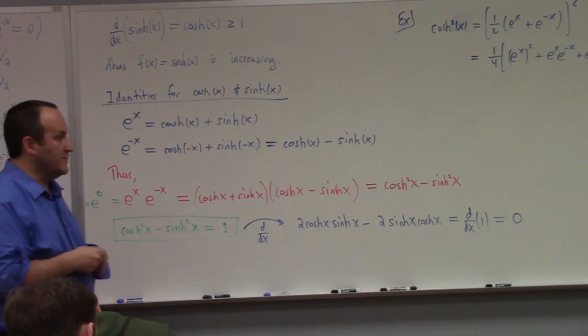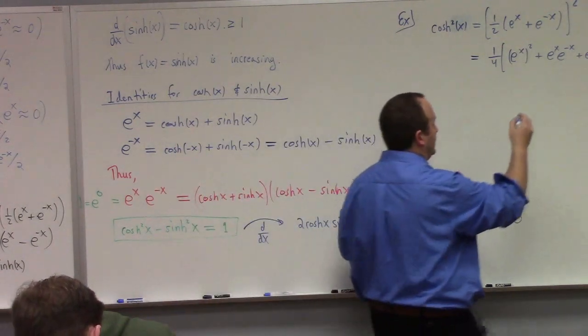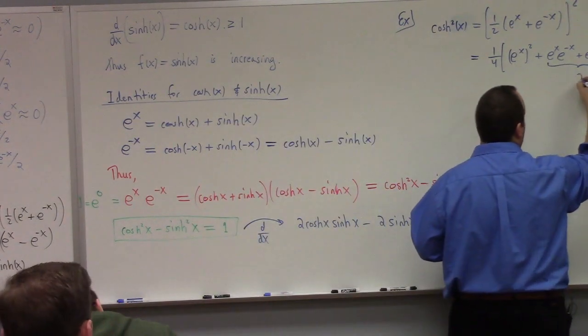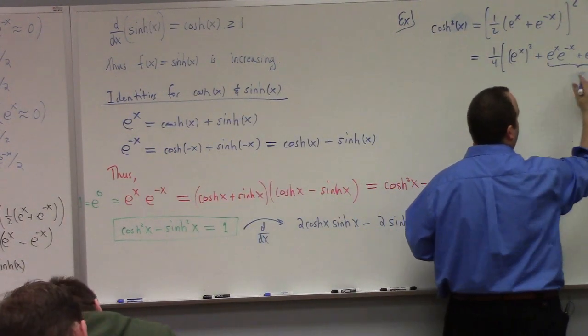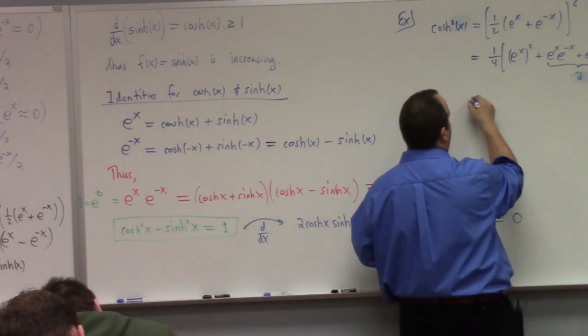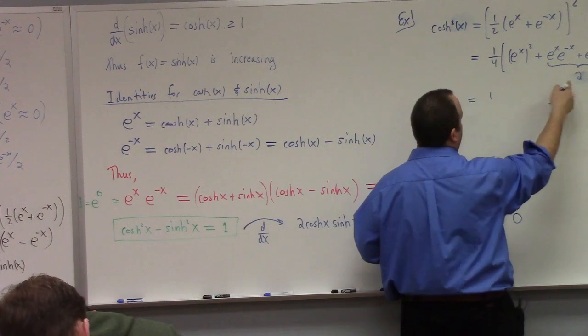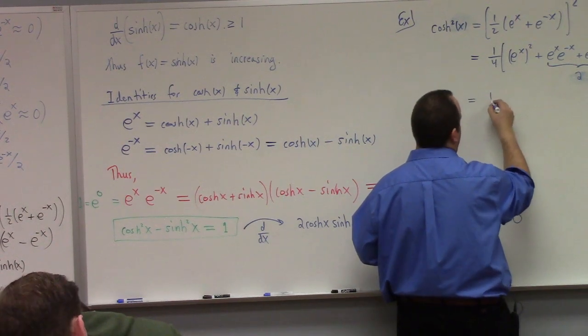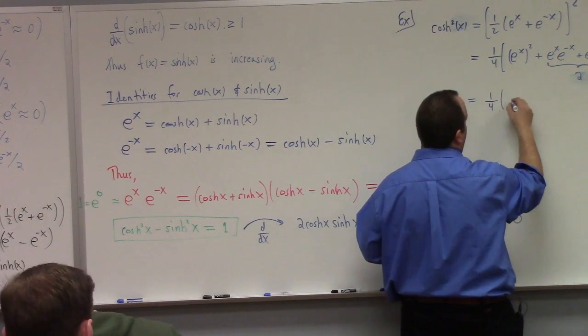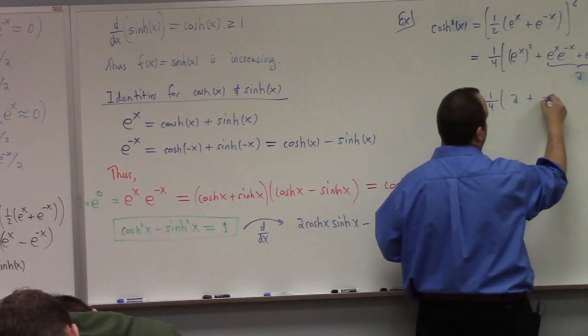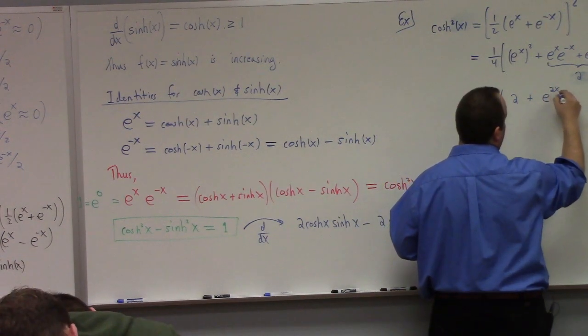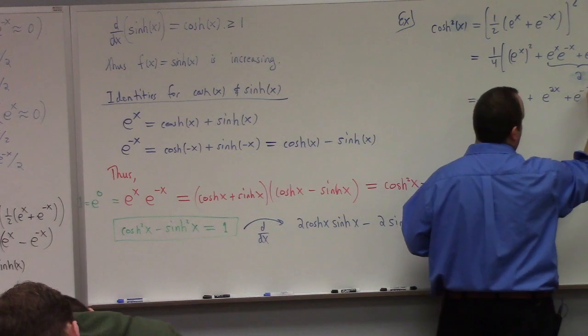There's a 1 and a 1, so these two together give me a 2. And so what do I have? I've got 1/4 times 2 plus e to the 2x plus e to the minus 2x.